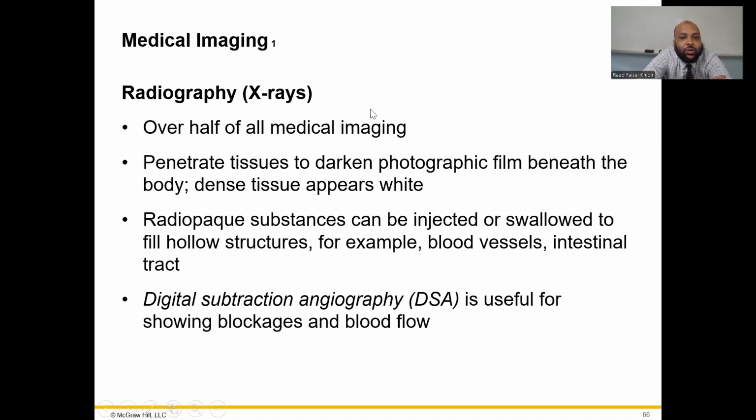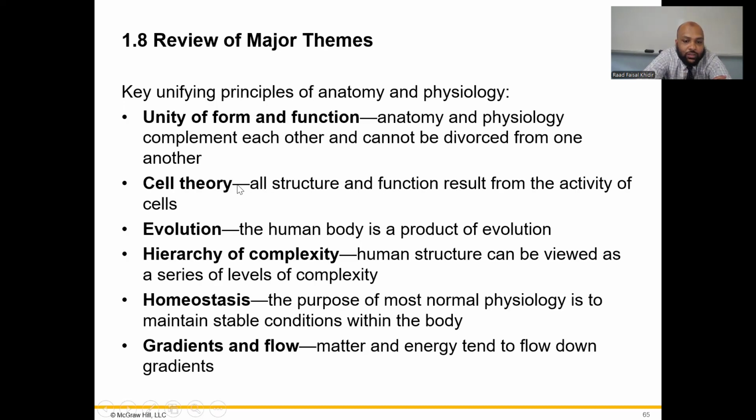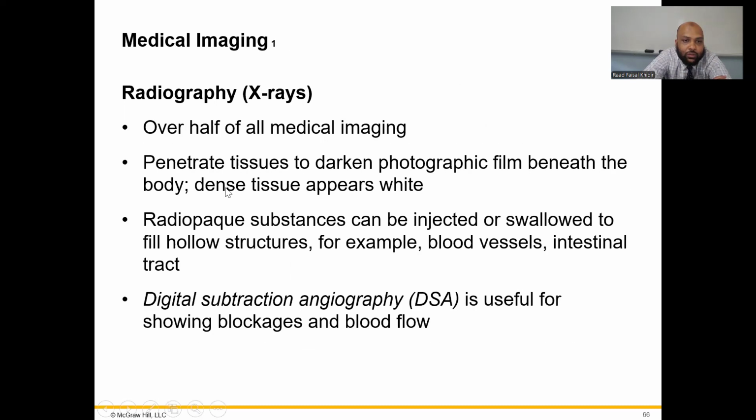Radiography, X-rays. Over half of all medical imaging is done by X-rays. They penetrate the tissue to darken the photographic film beneath the body. Dense tissue appears white. Radio-opaque substances can be injected or swallowed to fill hollow structures, for example, blood vessels and the intestinal tract.